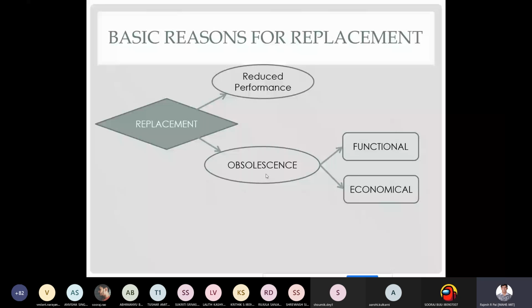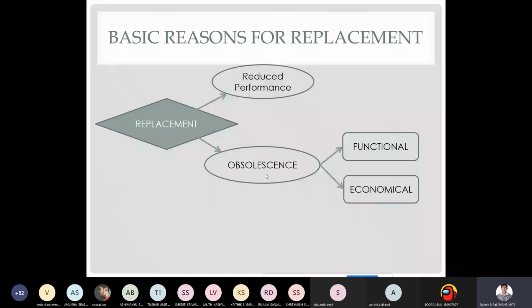So that is why the company will go for replacement. Because of reduced performance, or because of obsolescence, the company will go for replacing the asset.